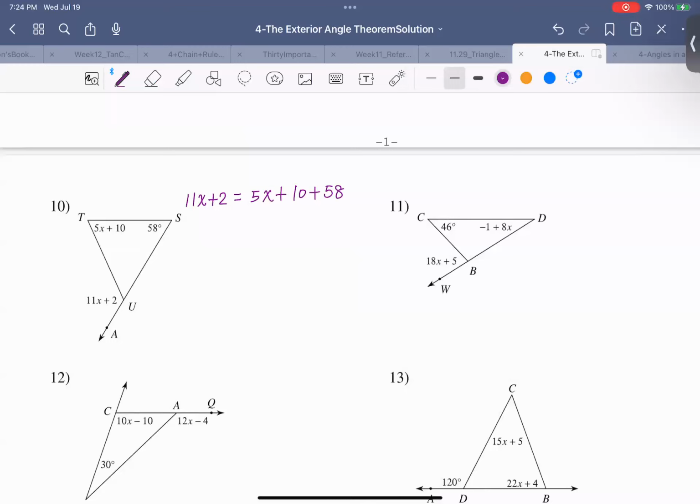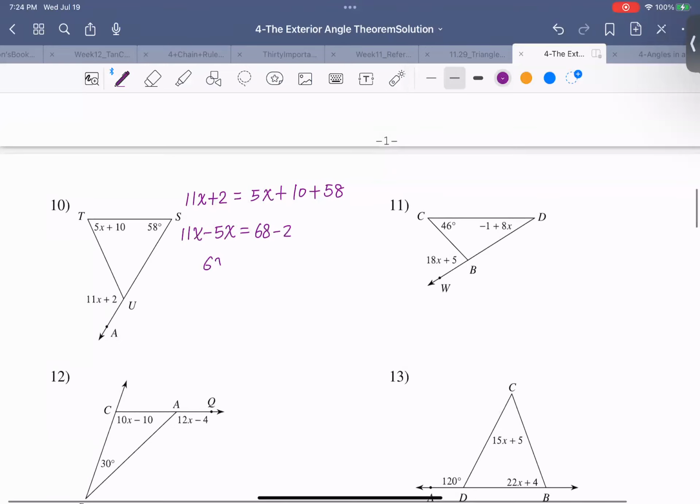And then you can do 16x plus 2 is equal to... Hold on. You move this to this side, it's minus. So this is 68 minus 2. And then 6x is equal to 66, x is equal to 11.